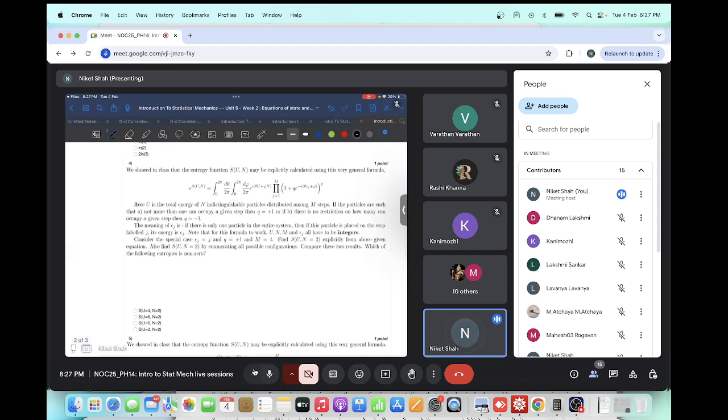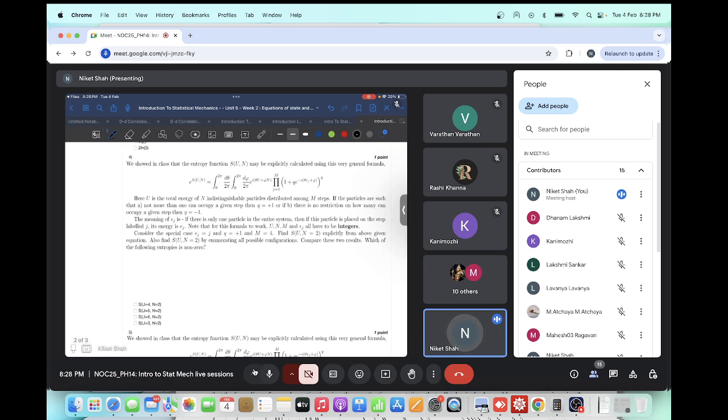Okay. Now we come to these questions. We showed in class that the entropy function S of u comma n may be explicitly calculated using this very general formula. E raised to the power of S u comma n is some integrals, and there is this product function.